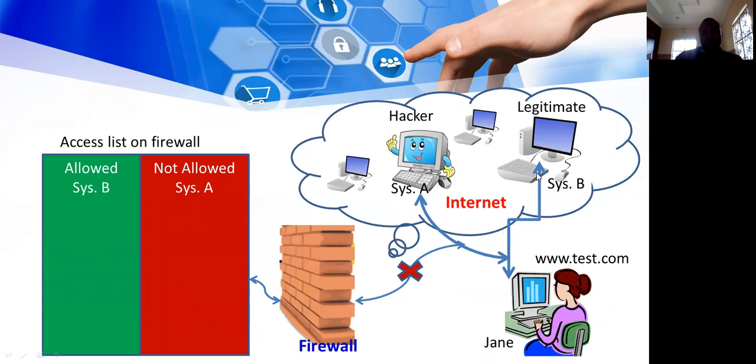And because it's an internet, it's a global network, which means that each of these systems can communicate. So let's say, for example, there is a particular web page or files for a particular web page located on system B, which we call the legitimate system here, as you can see.